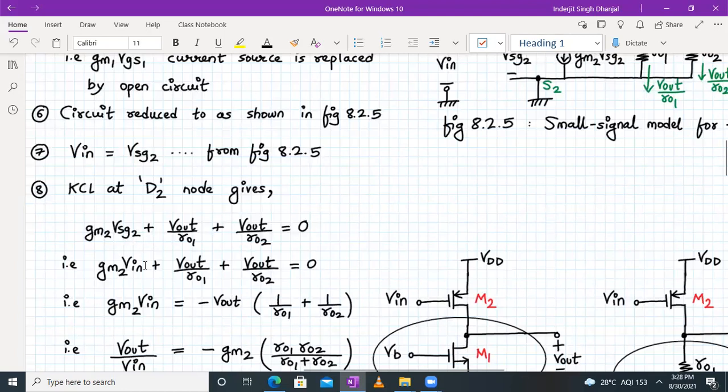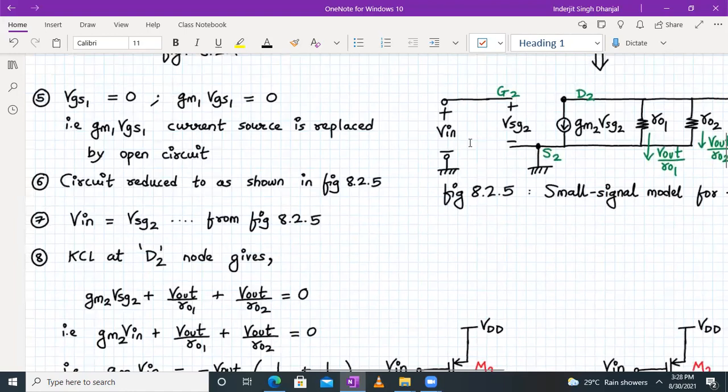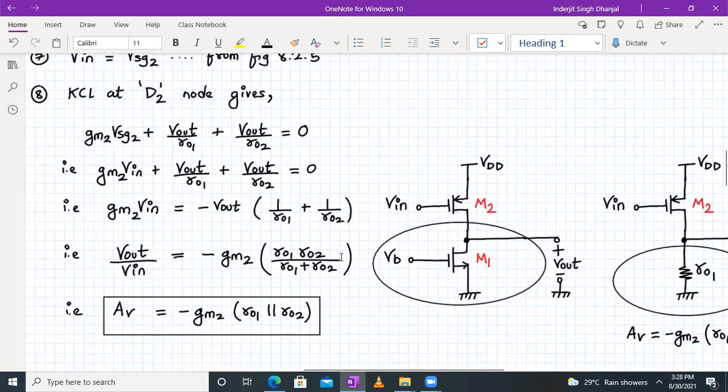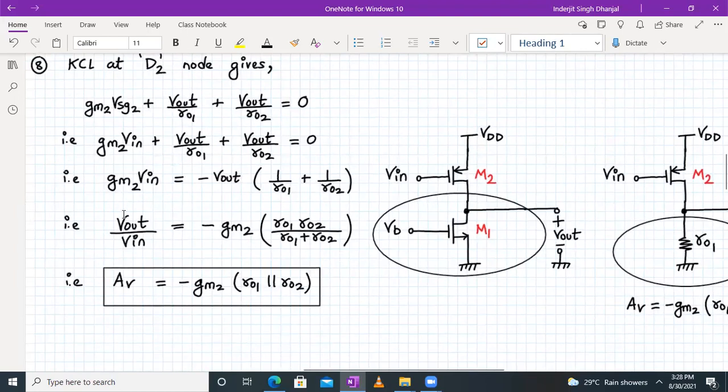VSG2 is equal to VIN, that is what we said just now. They are in parallel, so they must be equal. So gm2 times VIN plus VOUT upon RO1 plus VOUT upon RO2 is equal to 0. If you solve this, you will get VOUT upon VIN is equal to minus gm2 times RO1 parallel to RO2.